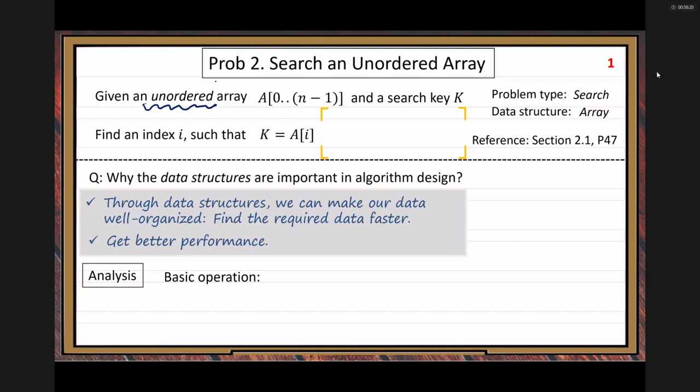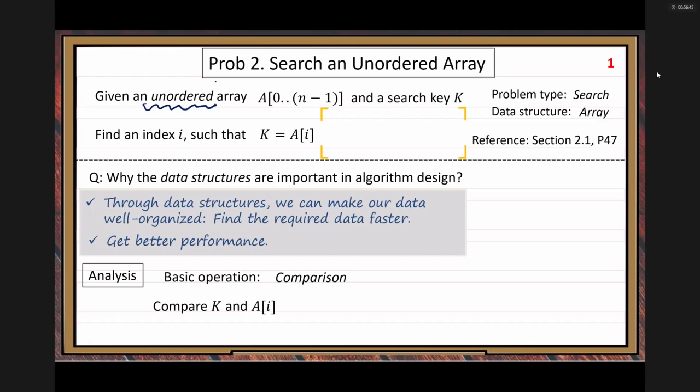Unordered. All right. So the basic operation is comparison. You need to compare the given key value with your element value and see if they are the same or not. That's the basic operation here. All right. Compare K and A of I.